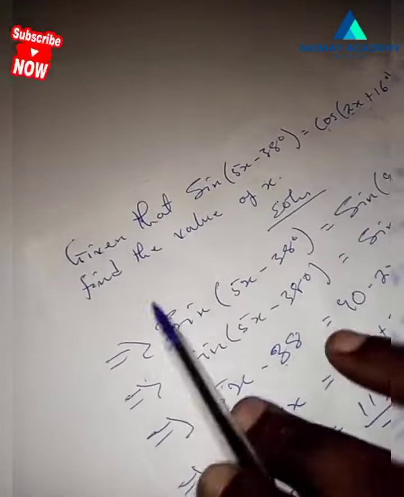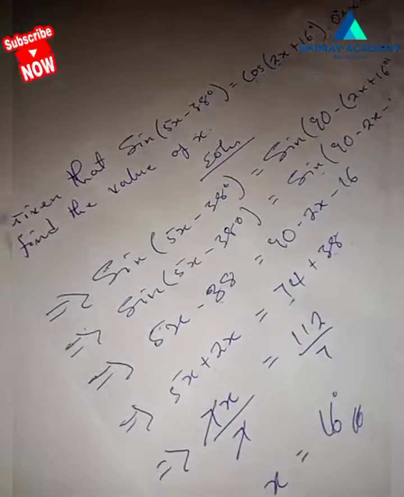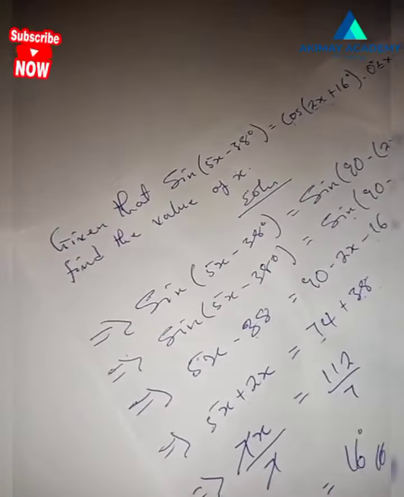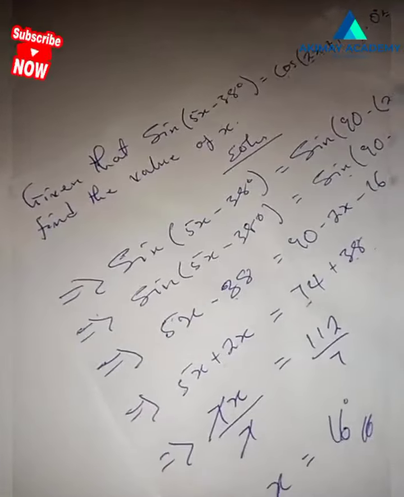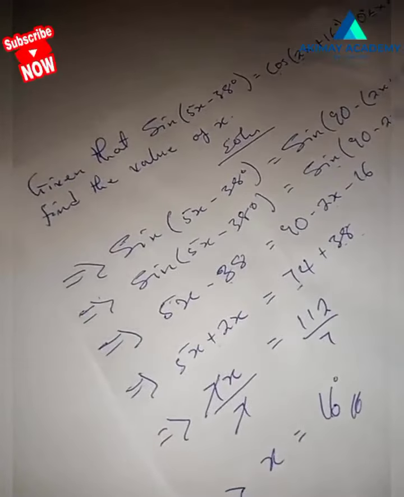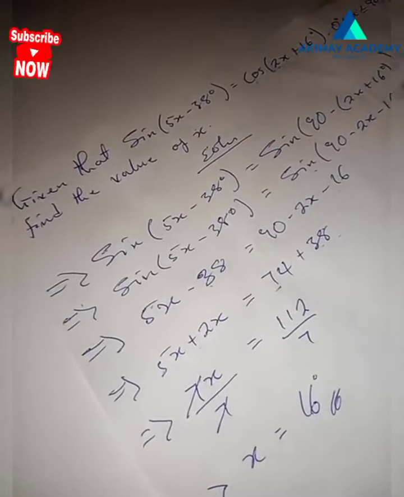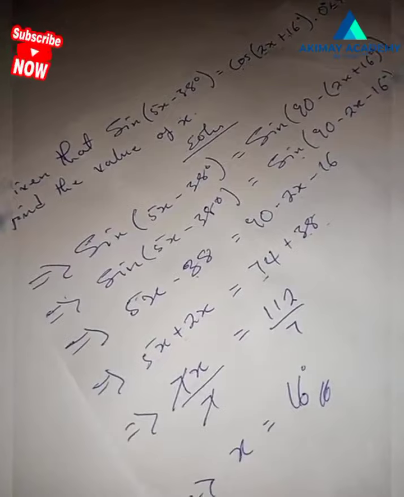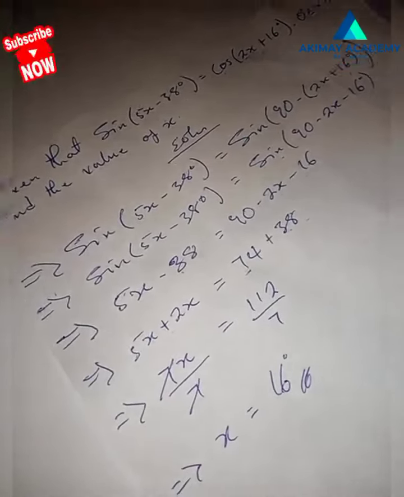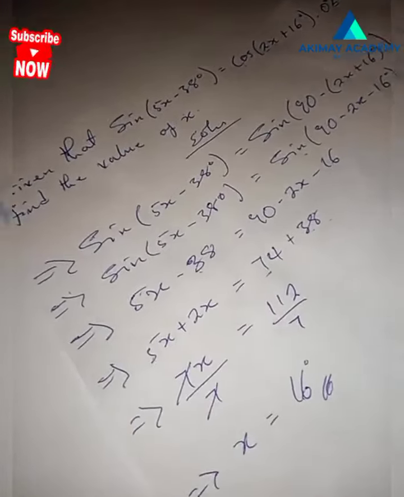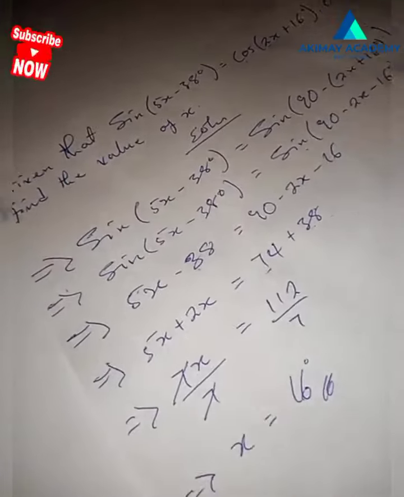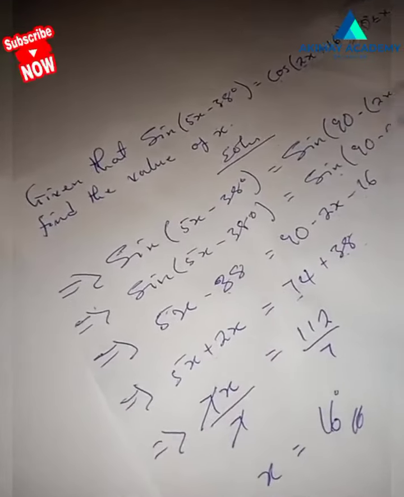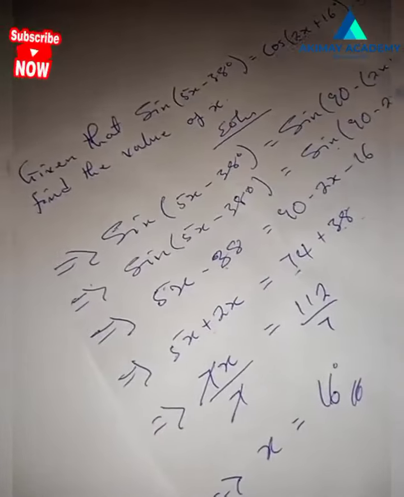They say we should find the value of x, and therefore our x is 16 degrees. So we used the principle of complementary angles, or here complementary ratios, to simplify these. This is the way to do it. Anytime you have a similar problem, you can use the same principle to solve it.